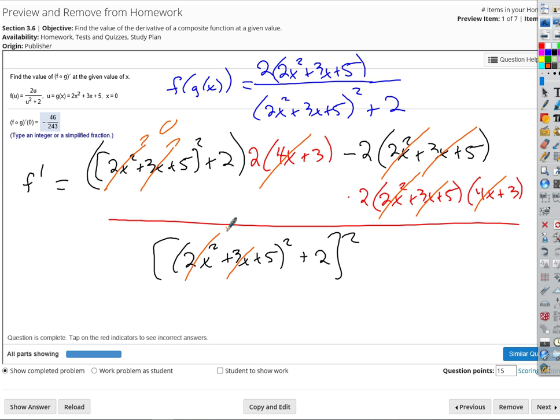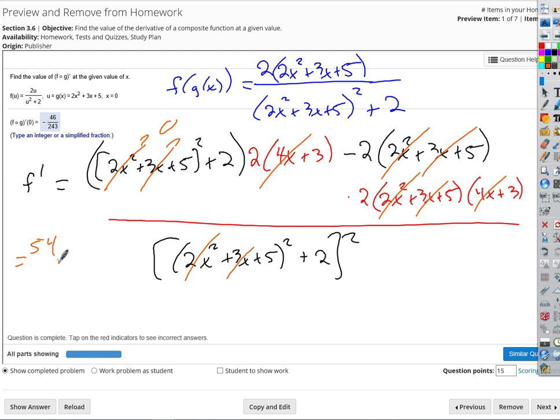Well, I've got a 5 squared, so 25 plus 2 is 27 times 2, so I've got a 54, minus 2 times 5 times 2 times 5, so 100 times 3.